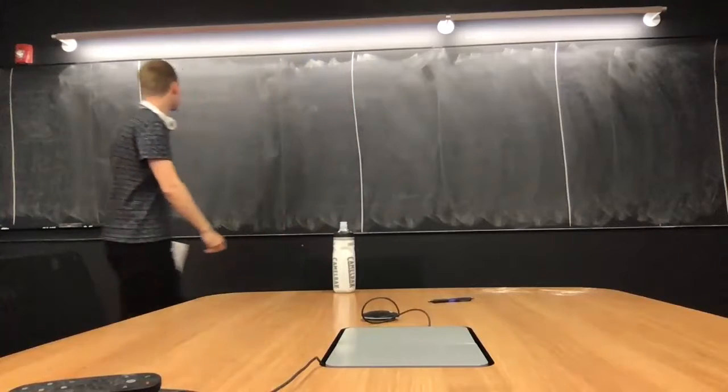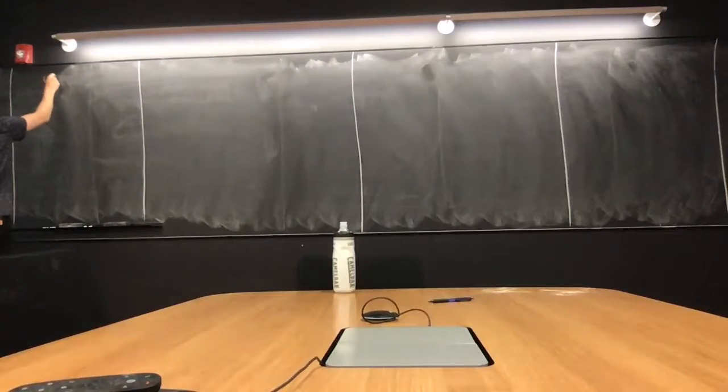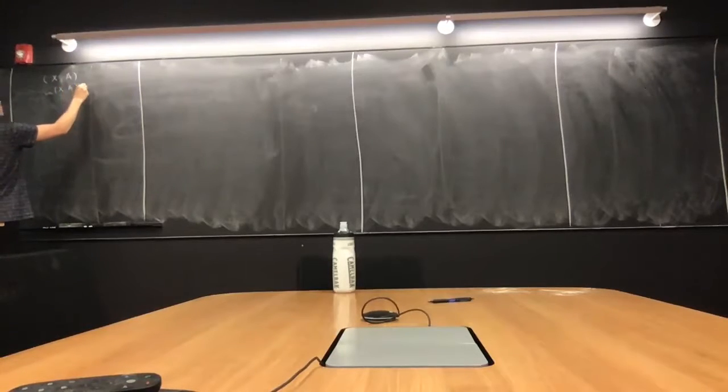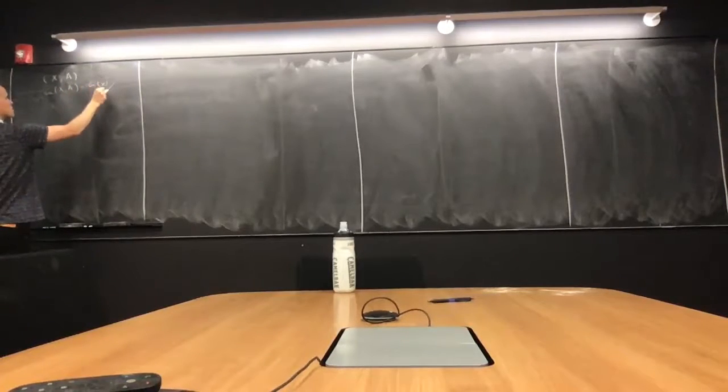What are relative chains? So we have a pair, A is a subset of X, and we have relative chains. Relative chains are just chains in X up to chains in A.